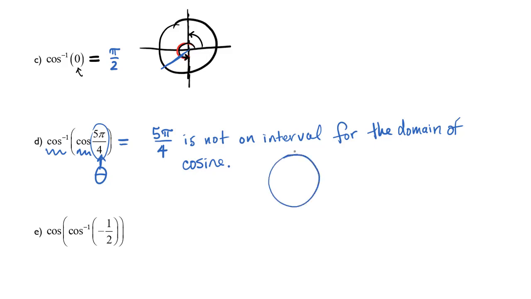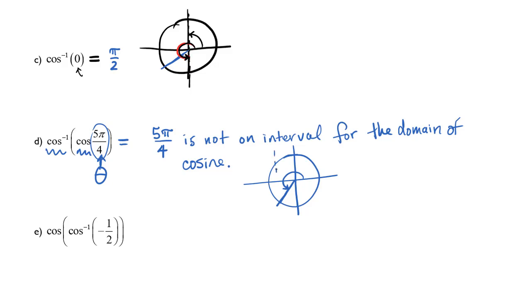So we need to think about what that would look like if we have our unit circle and we draw an angle at 5 pi over 4. That's going to be a reference angle of 45 degrees, or pi over 4.